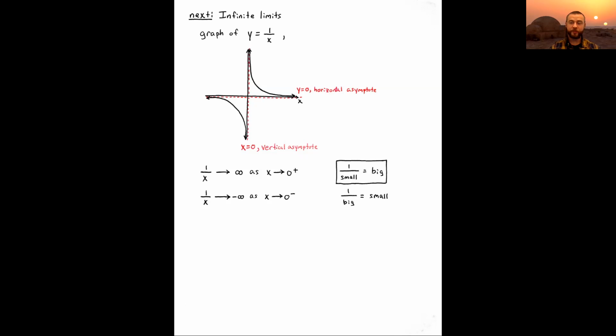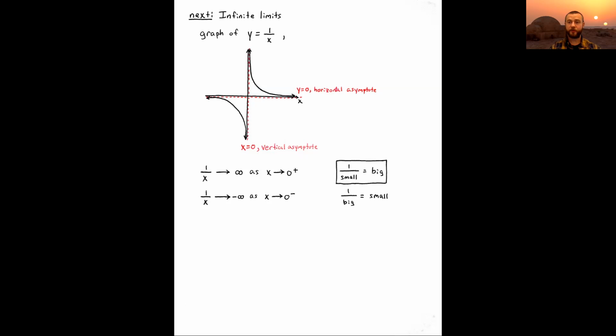We can get as close as we want, but we don't care about reaching it. So graphically, as you approach 0 from the right, the graph goes up towards positive infinity. And as you approach 0 from the left, the graph goes down towards negative infinity.